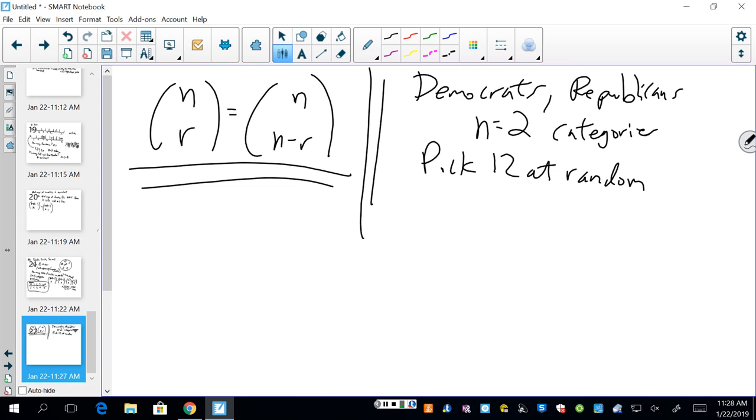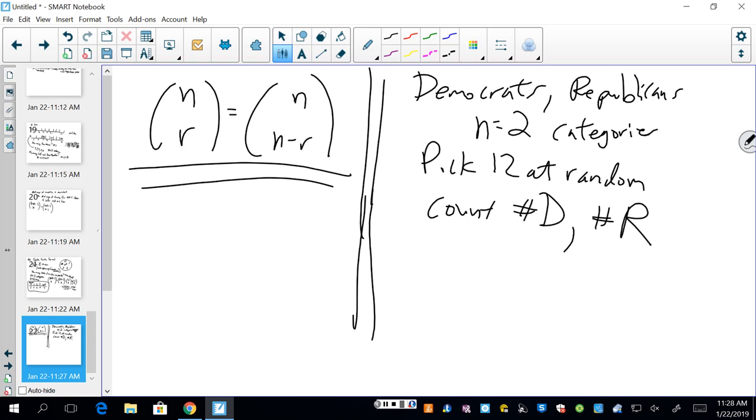And we're going to count the number of Democrats and the number of Republicans. How many different sets of counts, number of Democrats, number of Republicans, can we have, right?